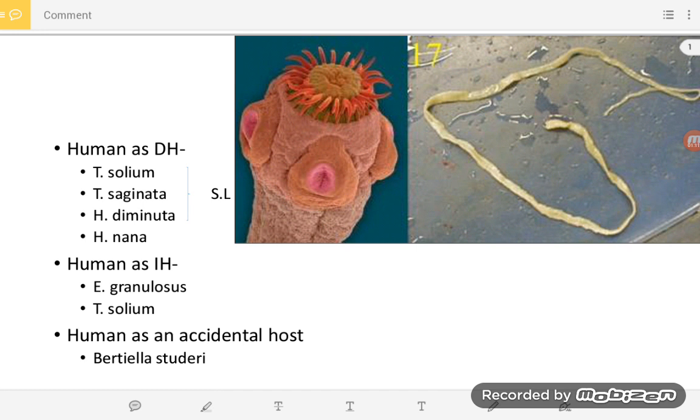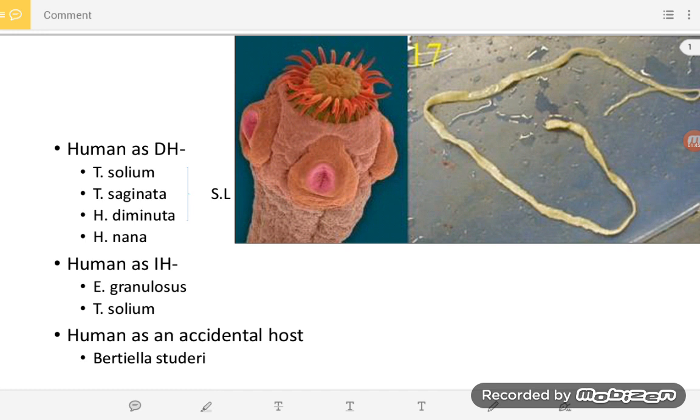According to the infective stage present in the human, the human acts as a definitive host or an intermediate host. If the human ingests the larval stage, this larval stage becomes an adult, and at that time man acts as a definitive host.